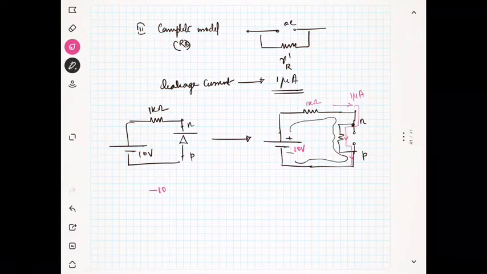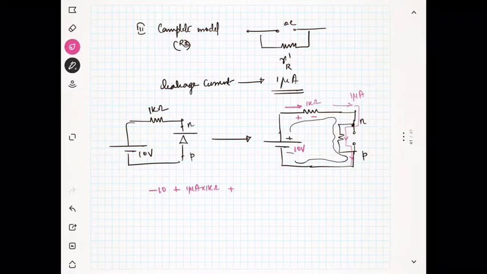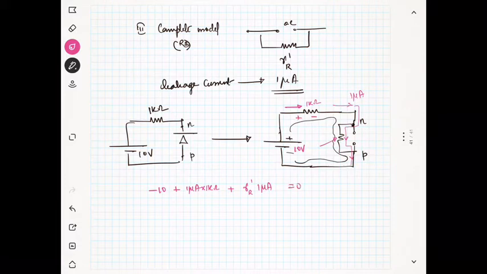Then the reverse current is flowing like this, so plus 1 microampere into 1 kilo ohm, plus you don't know about the resistance RR dash, so RR dash into 1 microampere. This is equal to 0. You can find RR dash also. So this is one of the equations.